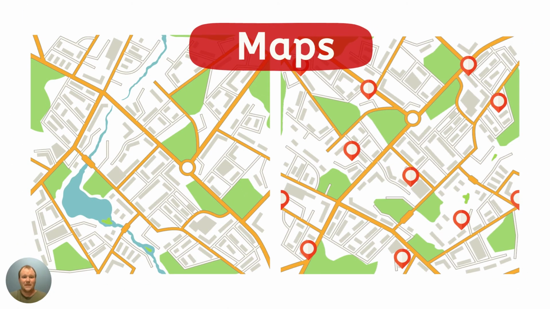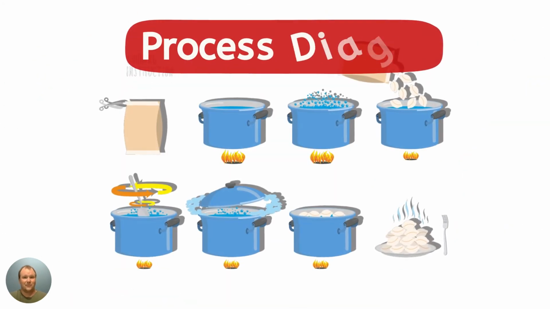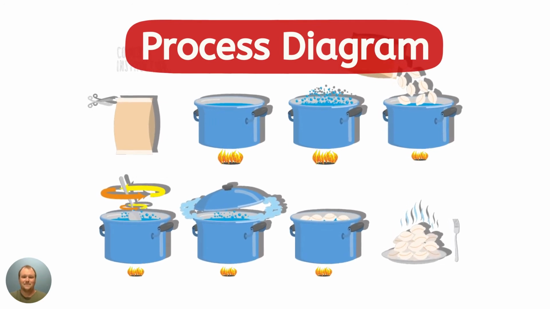Not to mention, we encounter maps. So you might have a single map or multiple maps. How are you able to determine what the important features are and what you may have the ability to omit? And again, you might have one or you might have many.